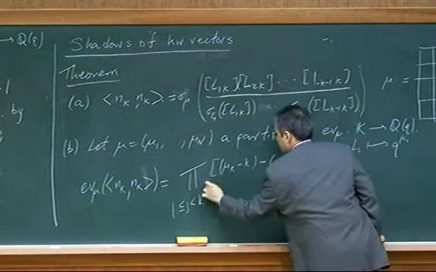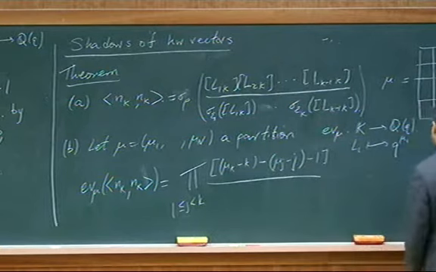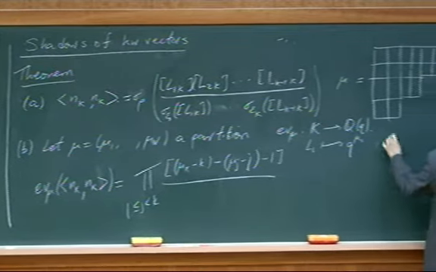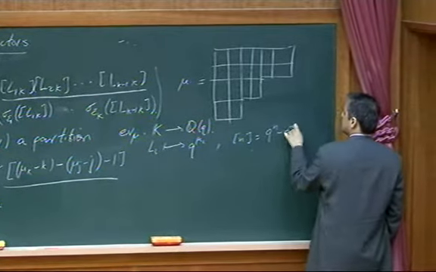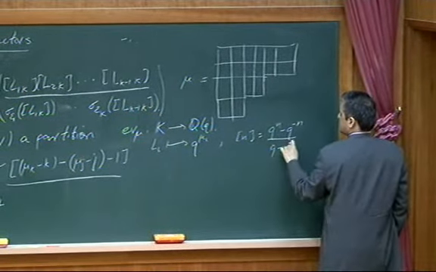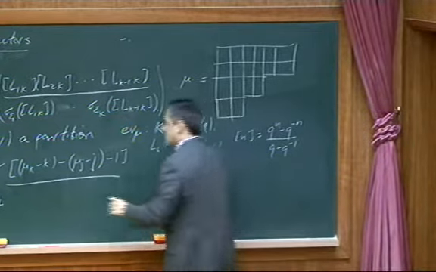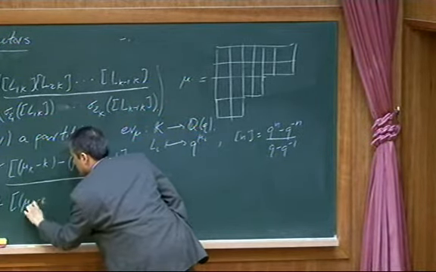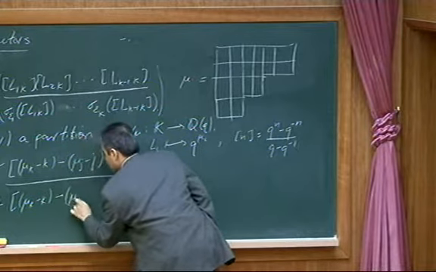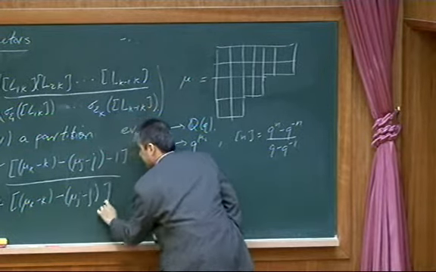Oh, this q analog is slightly different, sorry about that. The q analog of n is q to the n minus q to the minus n over q minus q inverse, divided by the q analog of mu k minus mu j minus j.